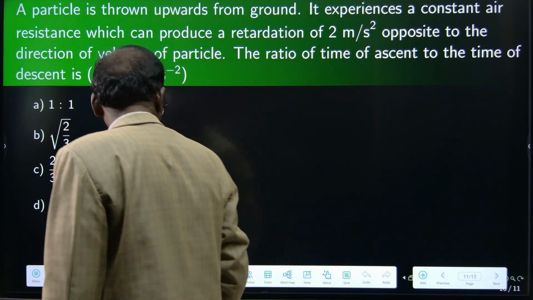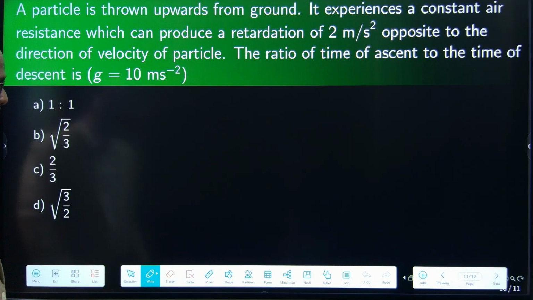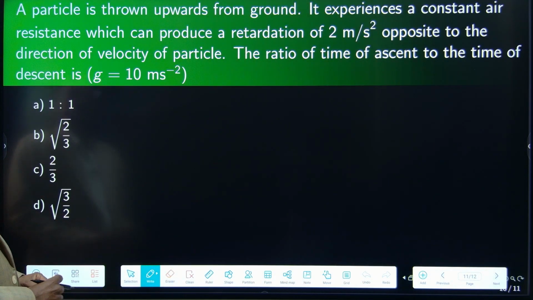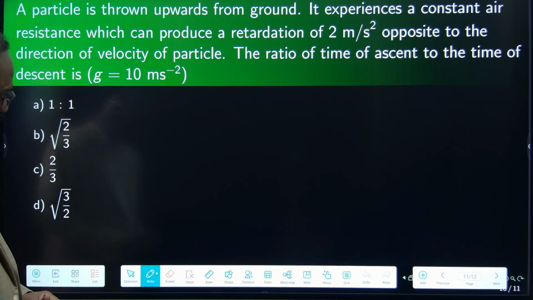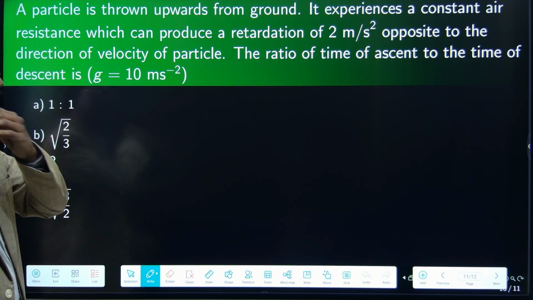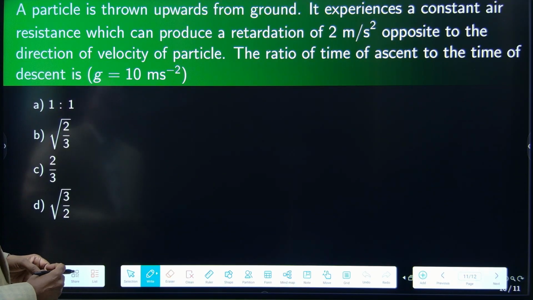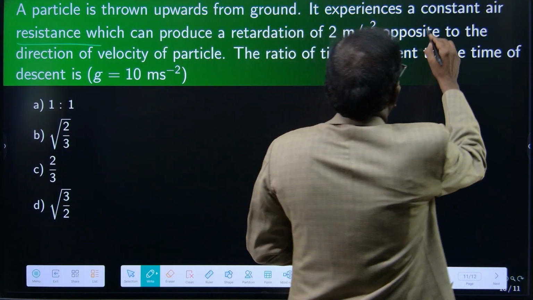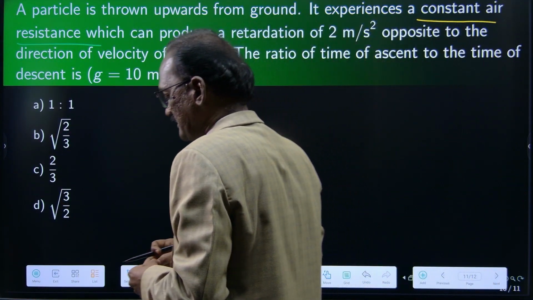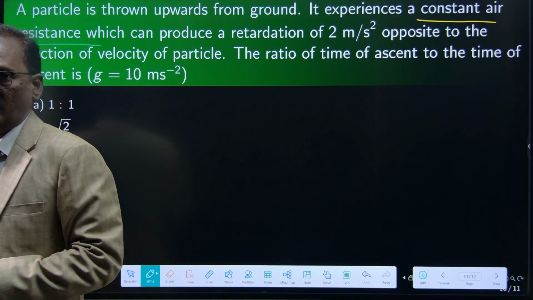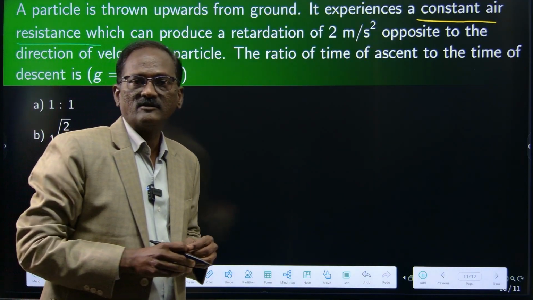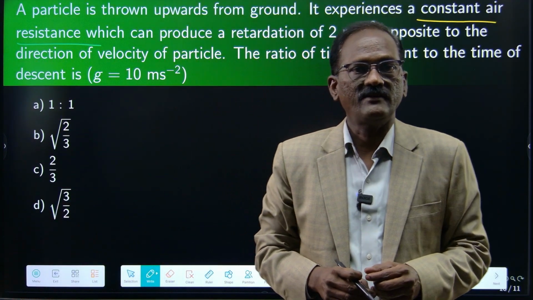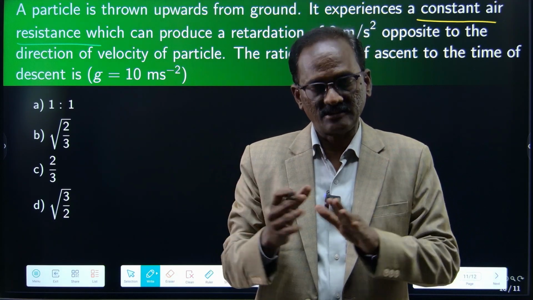Yes, this is the last problem. A particle is thrown upwards from ground. It experiences a constant air resistance. This is new data. In all the problems under the topic motion under gravity, we assume there is no air resistance.